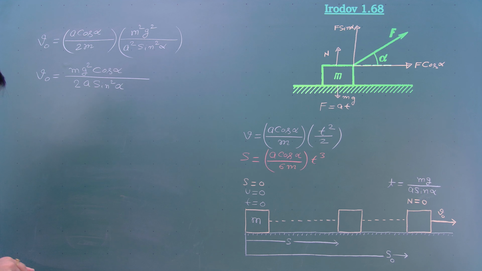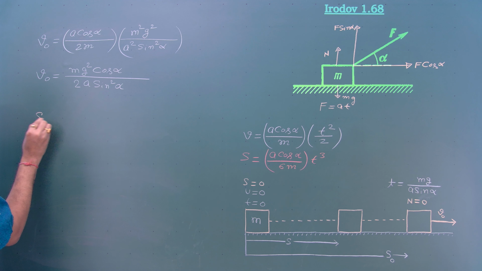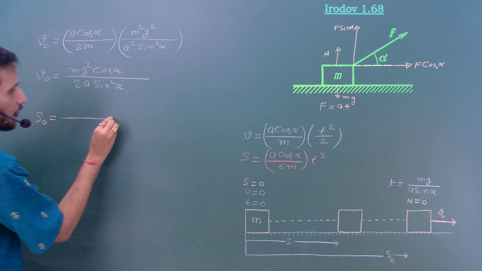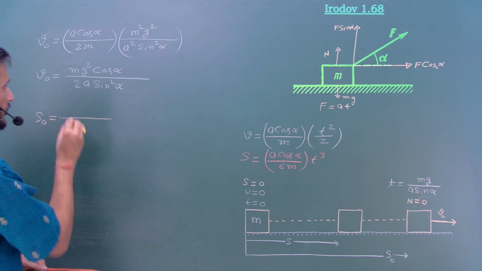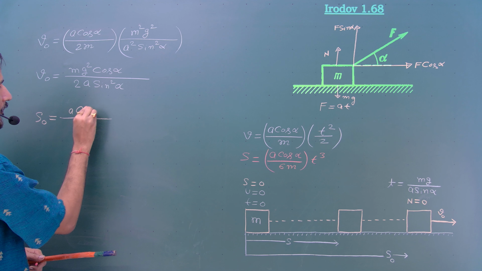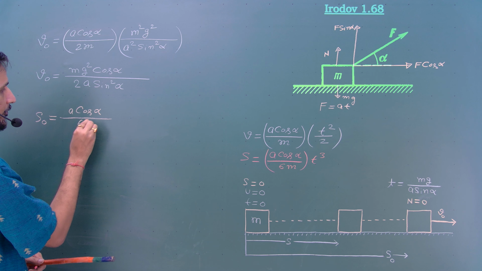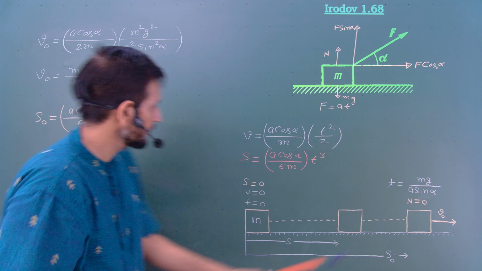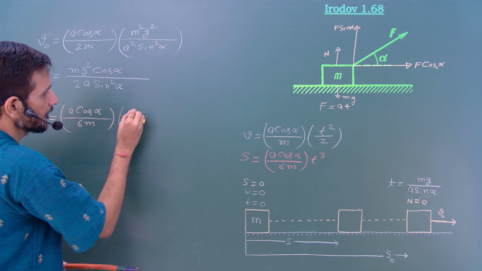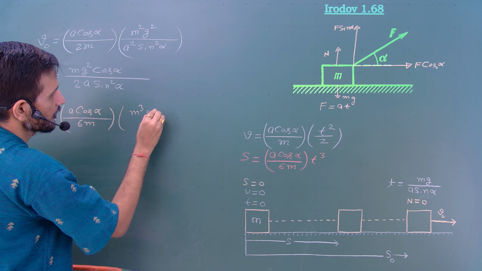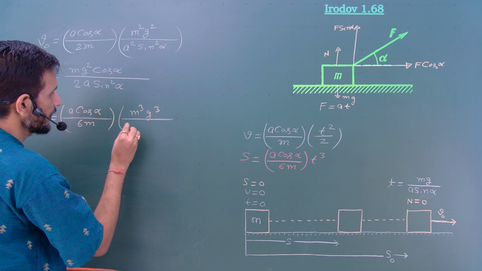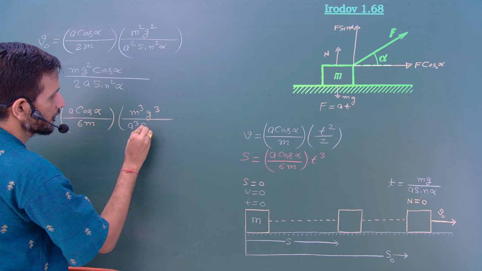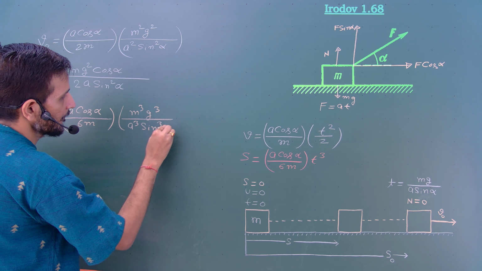Now for displacement s naught should be equal to A cos alpha divided by 6m into cube of the time. This is the time. So cube of this part is m cube g cube divided by A cube sin cube alpha.